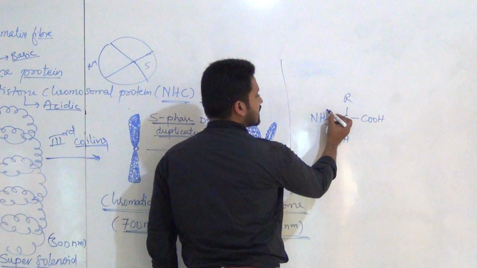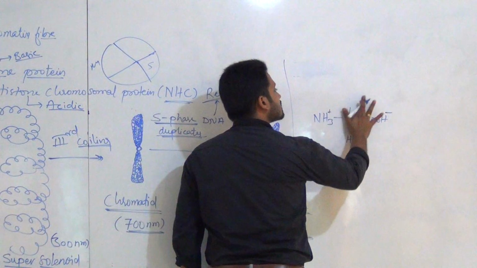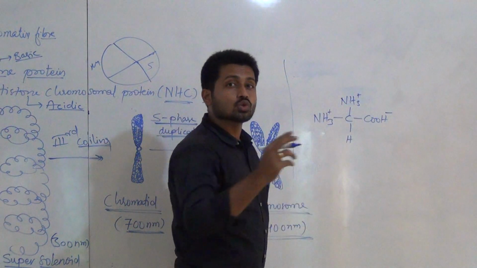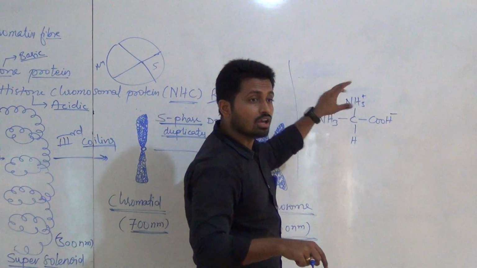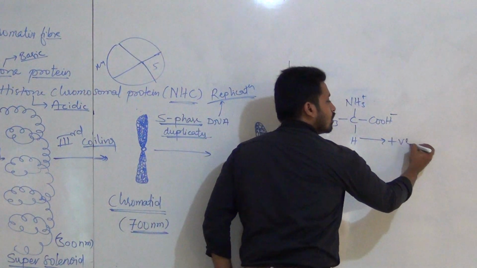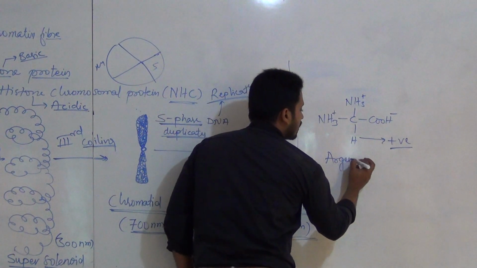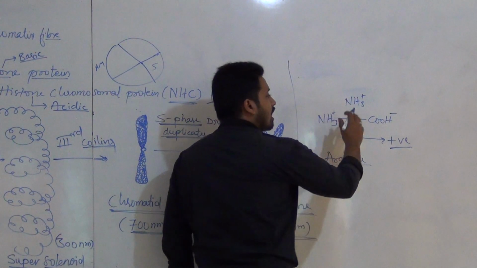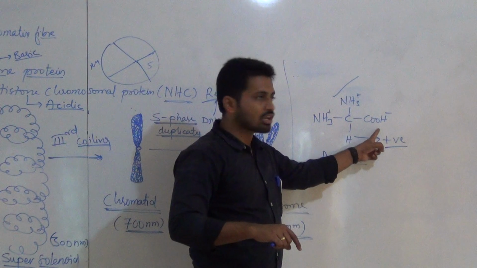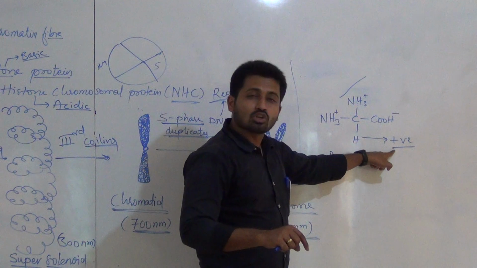NH3 carries positive charge and carboxyl carries negative charge. If two positive groups are there and one negative, the amino acid converts into positive charge. Arginine, lysine, histidine are all like this, where amine groups are more than the carboxylic group. Positive charges are more than negative charges, and hence these are positively charged amino acids.